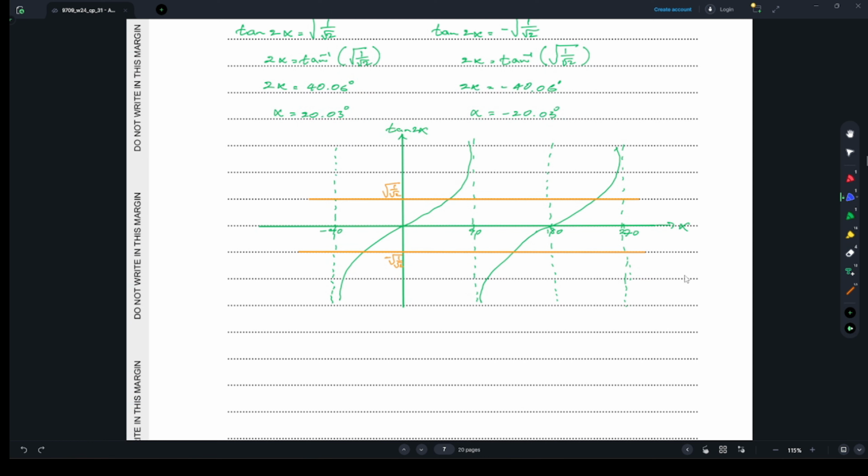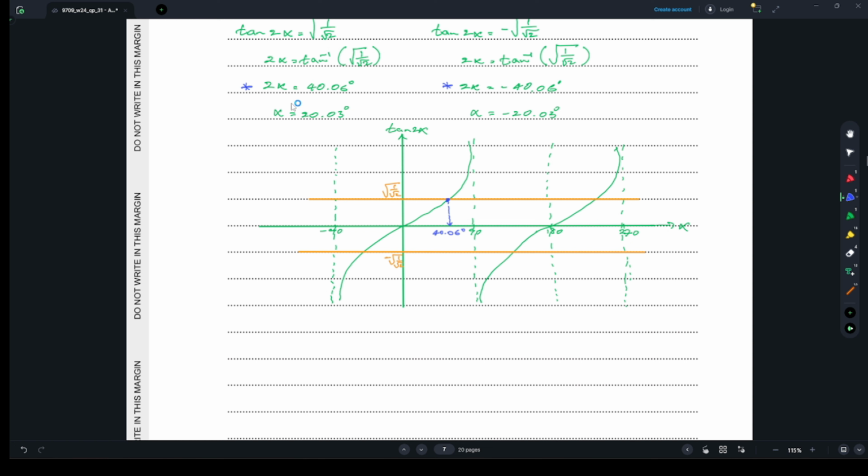So now how can we indicate our answers? Remember, here the graph is for tan 2 alpha. So you have to consider these as 2 alpha answers. For the first one, this is the first intersection, so this is 40.06.